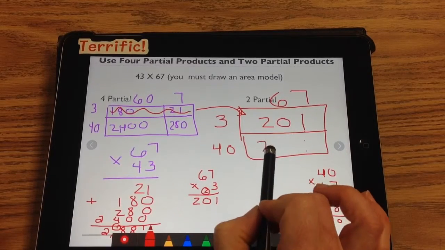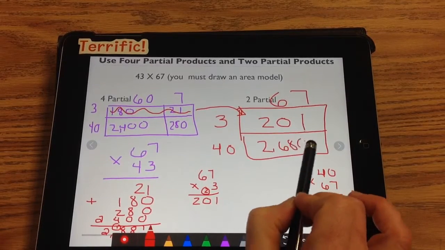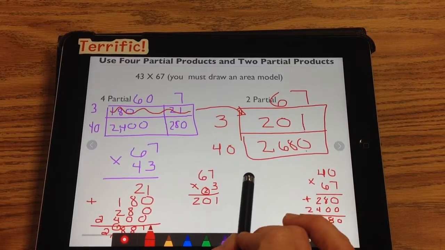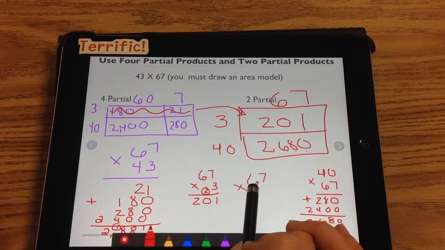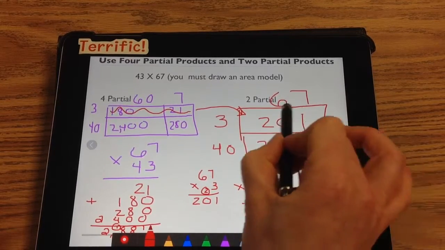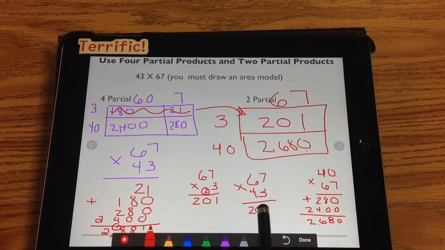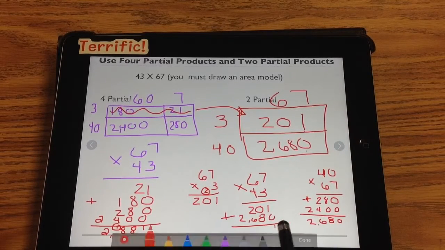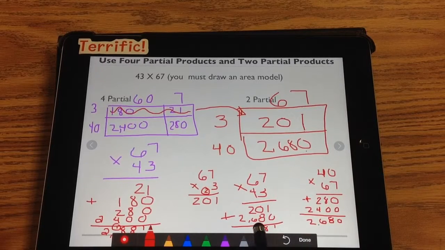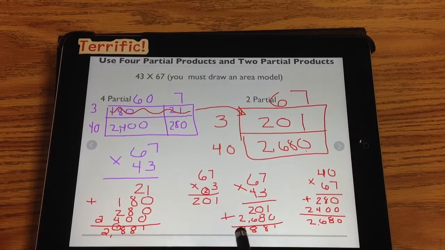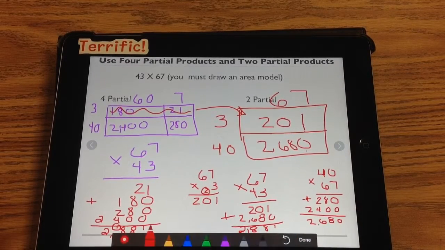So that's really what this section equals. So when I say 67 times 43, I take that, which is 201. I take that, which is 2,680. I add them up, and I get 1, 8, 8, and 2. 2,881. Same answer, both ways to do it.